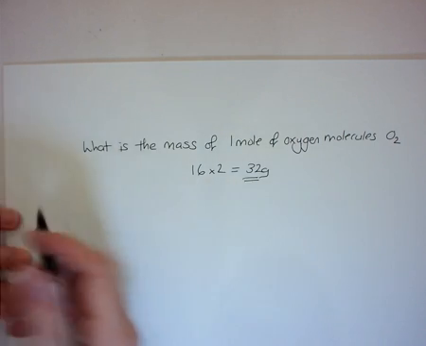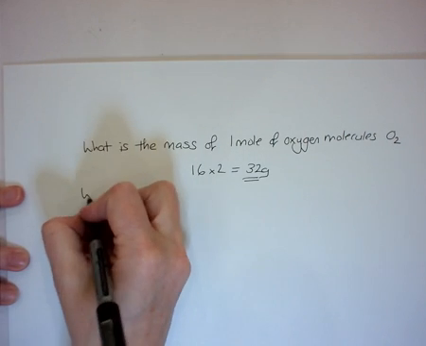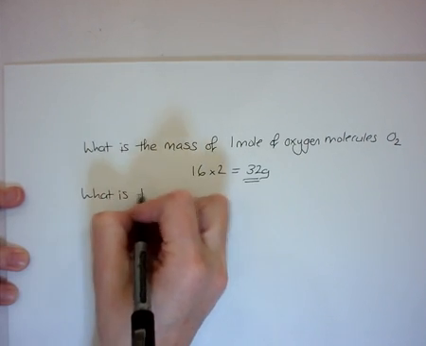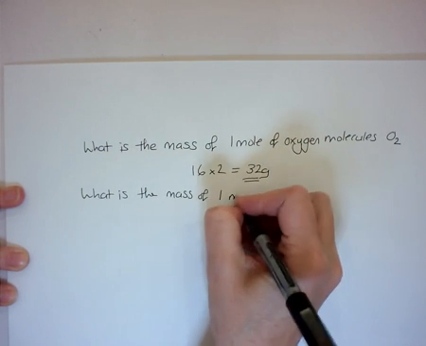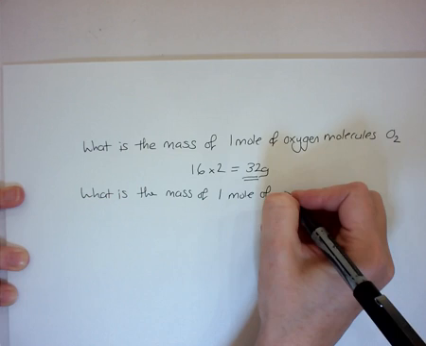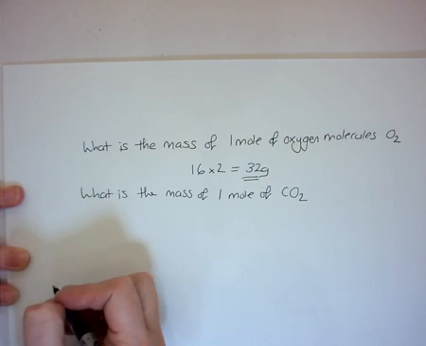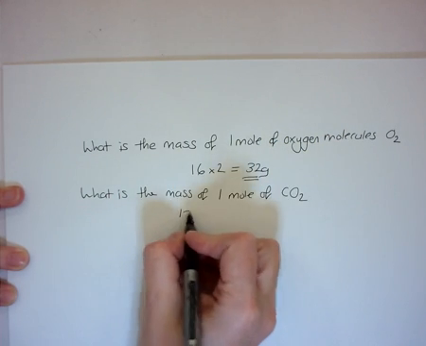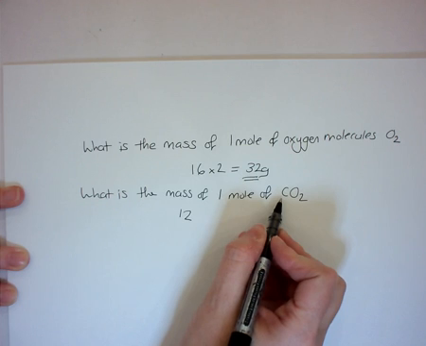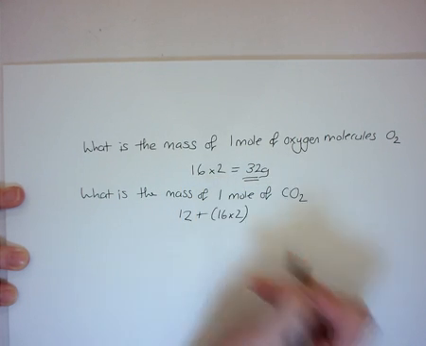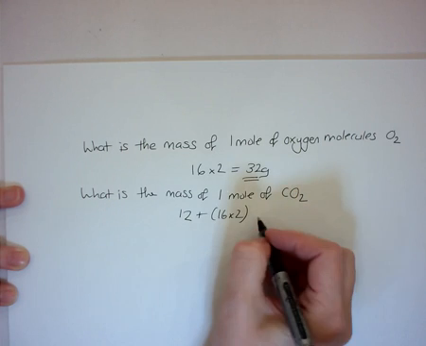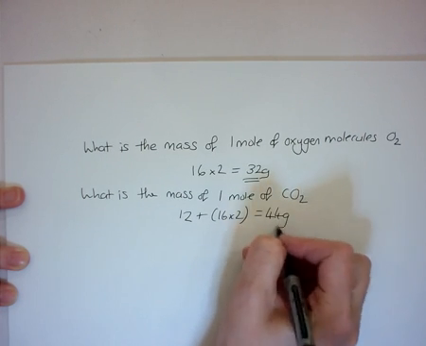And I could do the same for, what is the mass of 1 mole of carbon dioxide? 12 for my carbon, plus 16 times 2 for my 2 oxygens, that equals 44 grams.